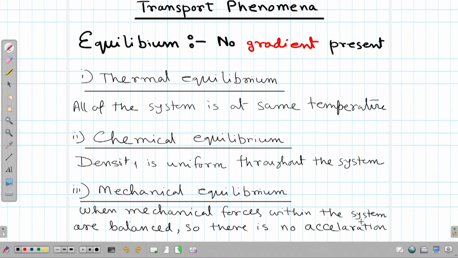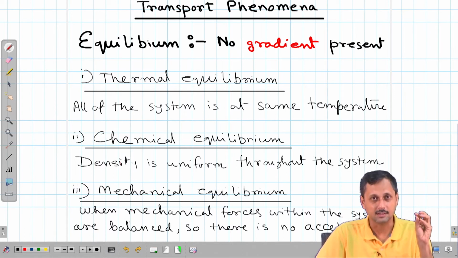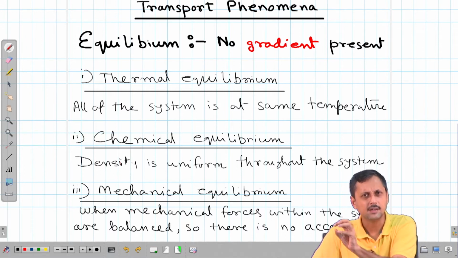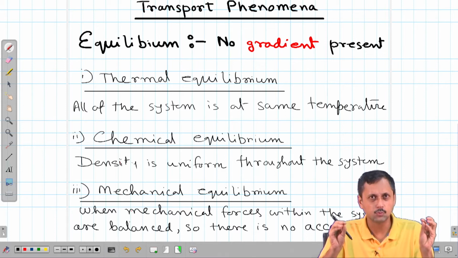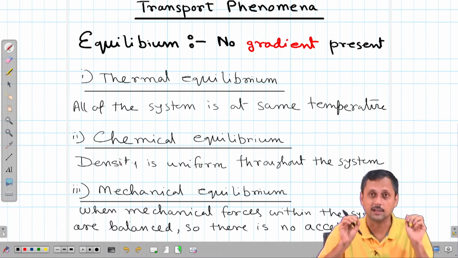So basically if we select randomly one region in the container and we look at the velocity distribution, we get exactly the same distribution if we measure it in another portion of the container. So that means the velocity distributions in two parts of the container are equal, and that is what we call the mechanical equilibrium.